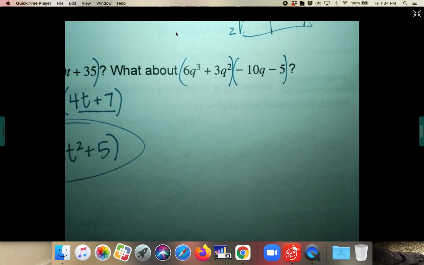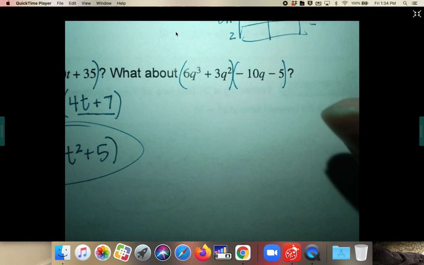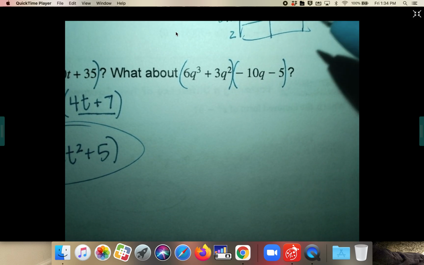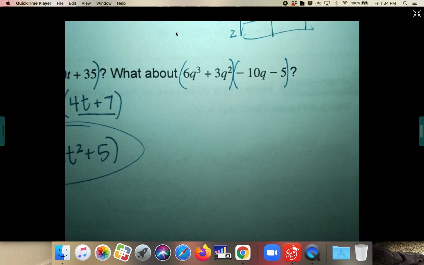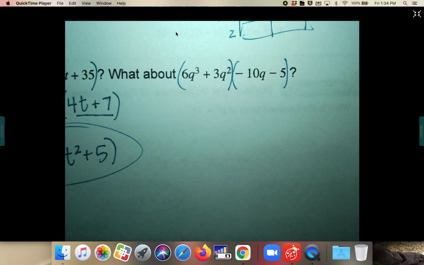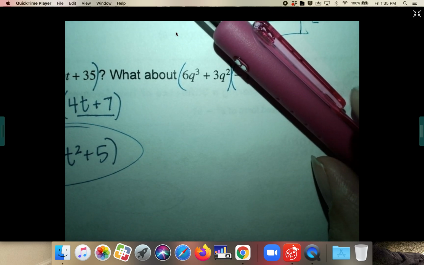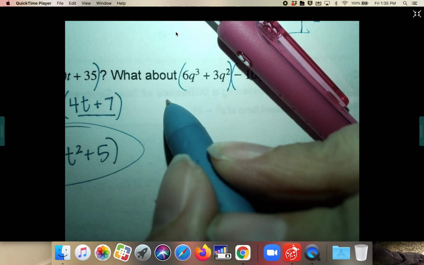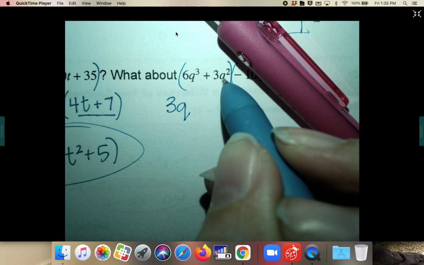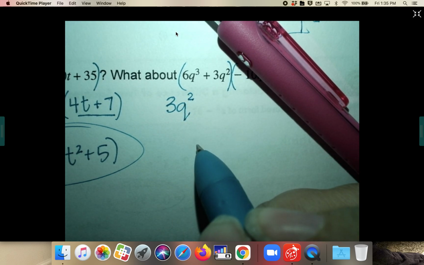All right, this one is actually, I don't know if you guys tried this on your own. I kind of hope you didn't, because this one is really important with the first term being negative. I mentioned this in a previous lesson, but it will depend on if you remember what to do with that one. But let's not look at that one yet. So let's start by looking at just the 6q cubed plus 3q squared. We can pull a greatest common factor of 3 and q squared out.